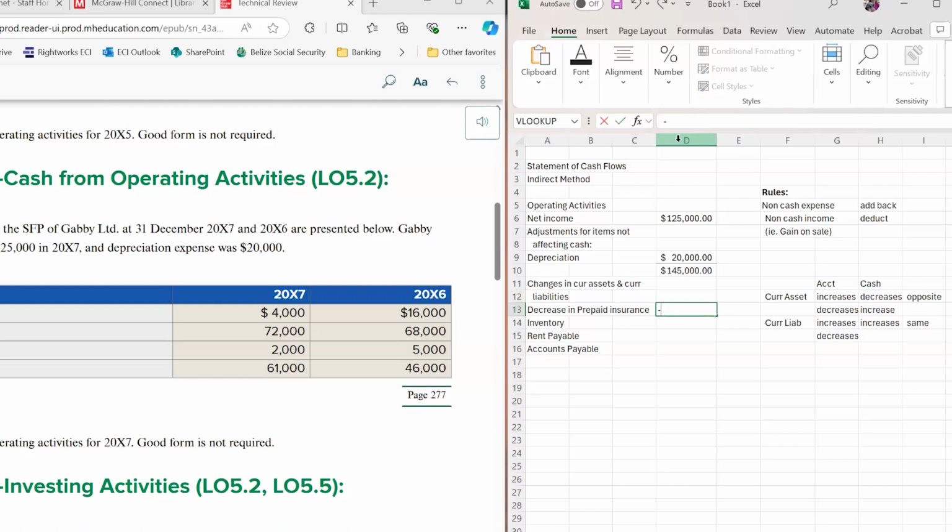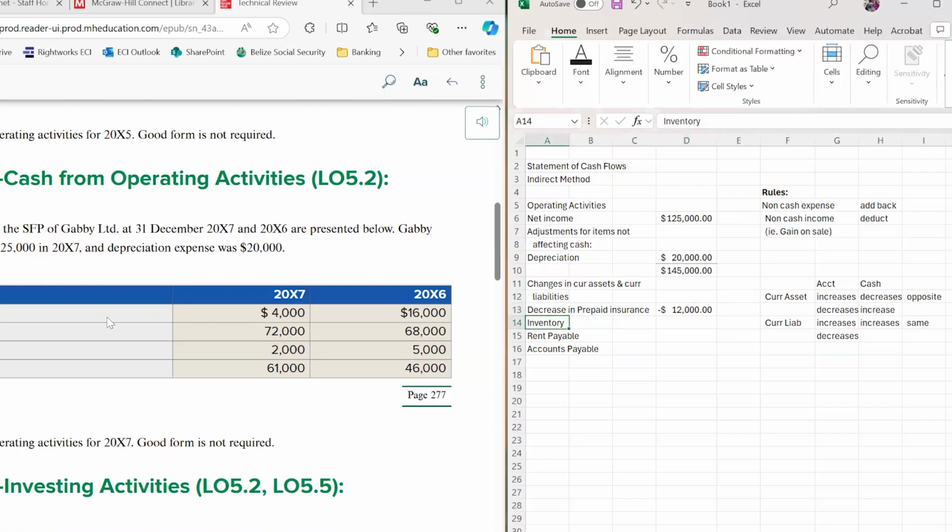And I don't have to put the negative in because it says the word decrease, but I'm going to do it to make it simple. So the question is, how much did prepaid insurance decrease by? Well, in this case, it decreased by 16 minus 4, which is $12,000. So that's the adjustment I'm making here. It's the change in prepaid that we're recording.